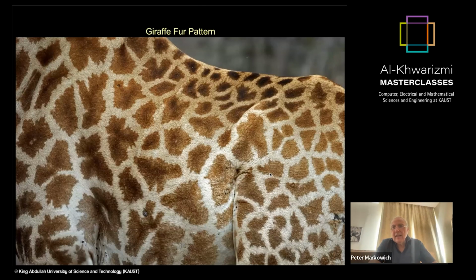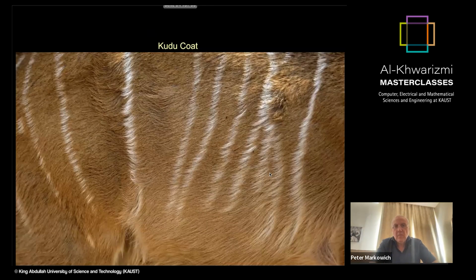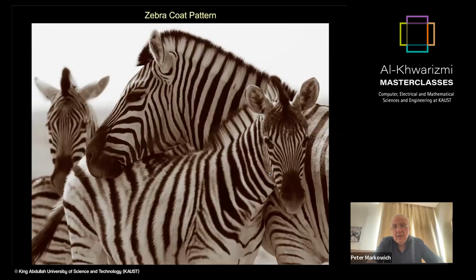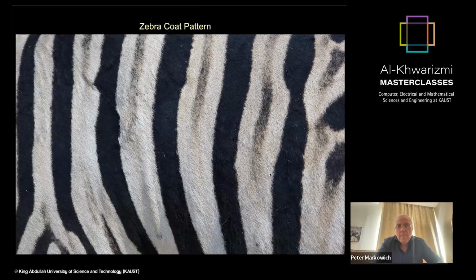Giraffes, exactly the same thing, just very different patterns, which again you have to think of as a result of the instability caused by wide ranges of diffusivities. You have a kudu coat, same thing. Zebras. If you realize, of course, no two zebras are ever the same, so there is a huge range of possible patterns that you can get out of the model.